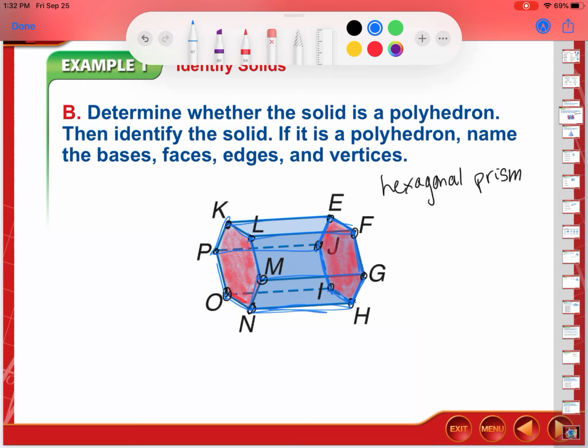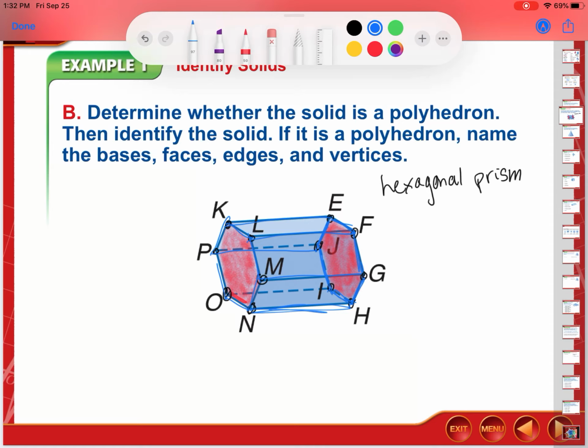And then my faces would be polygon PKLMNO, or I'm sorry, that would be one of my bases, polygon PKLMNO, and JEFGHI would be my other one.